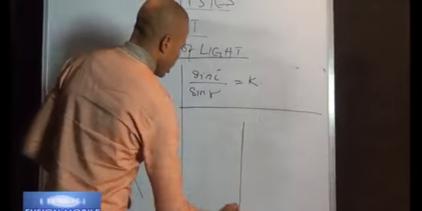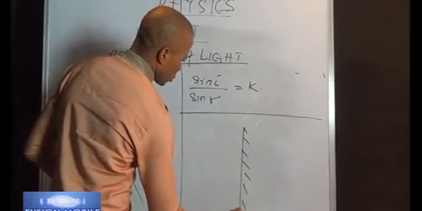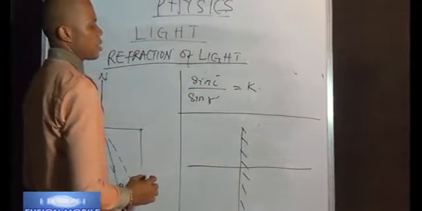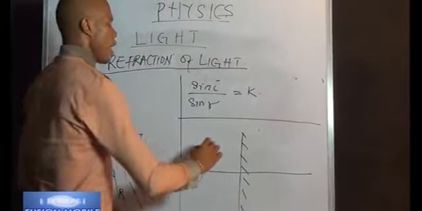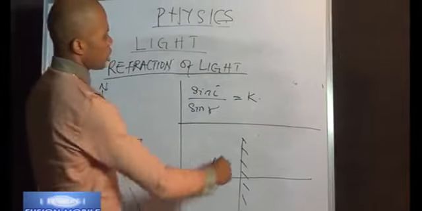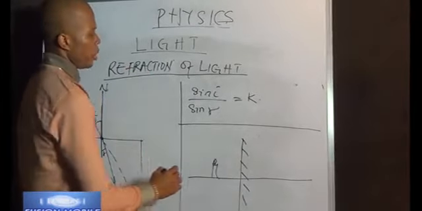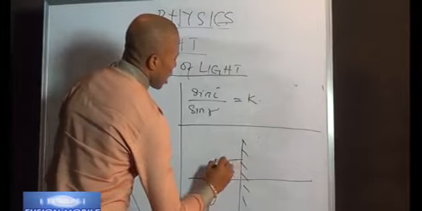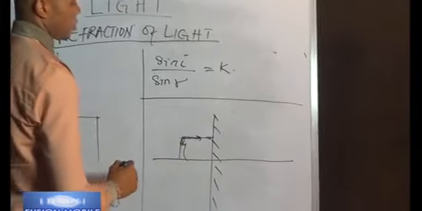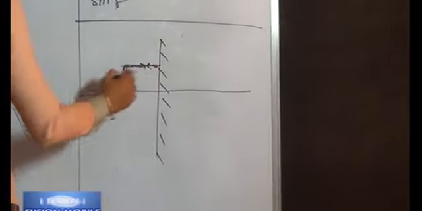That if this is my mirror and here is the principal axis, we have a particular object here that we want to take up the image in the mirror. The rule is that any ray that is parallel to the principal axis must be reflected the same way.